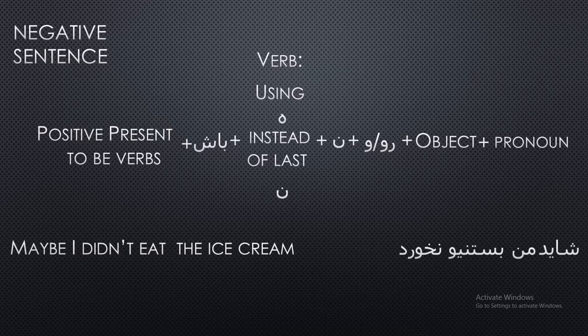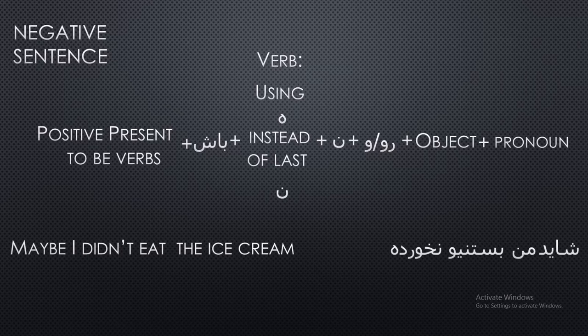We are talking about eating. Eating is our basic mode of verb here, which means خوردن in Persian language, and we use he instead of its last name, so we have نخورده.